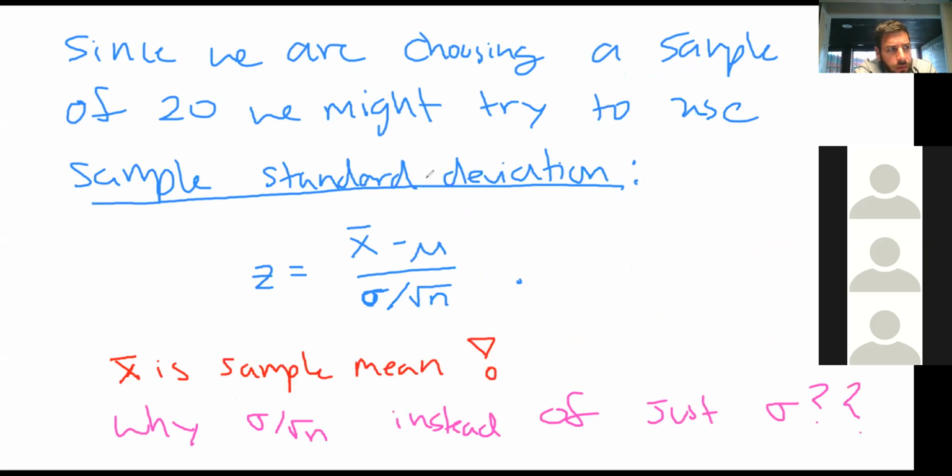Why is there a square root there? What does this have to do with sample standard deviation?